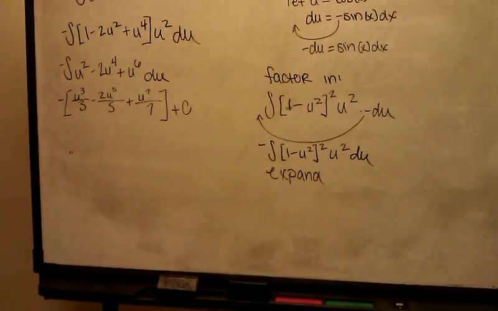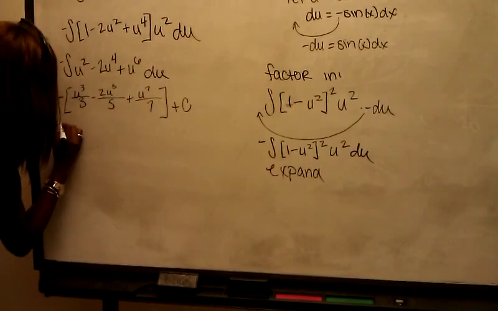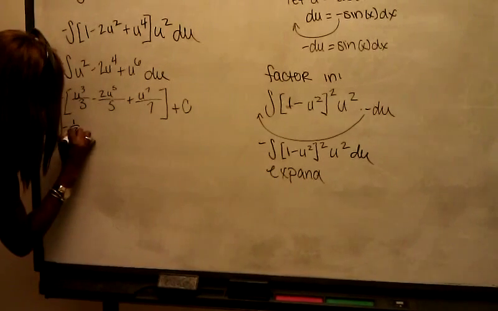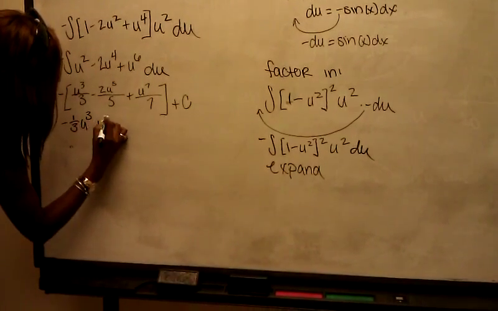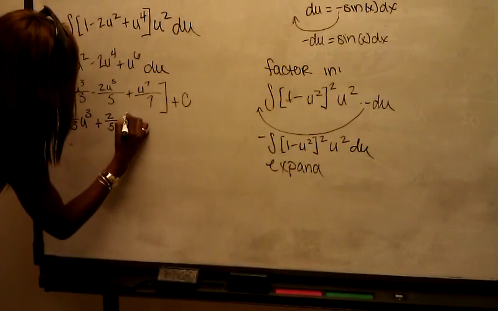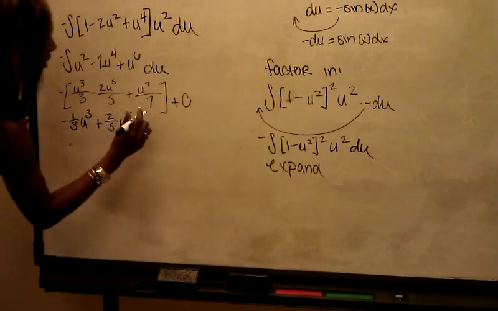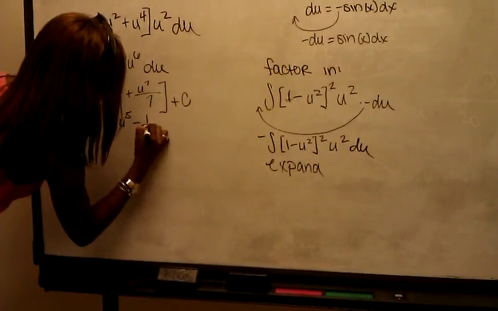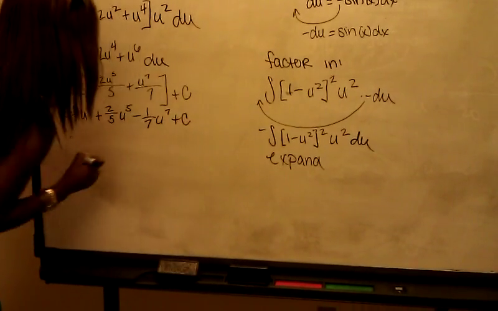And we can't stop here, we have to keep going. So that's going to end up giving us negative 1/3 u cubed plus 2 over 5 times u to the 5th minus, because we're distributing our negative sign here, 1 over 7 u to the 7th power plus c.